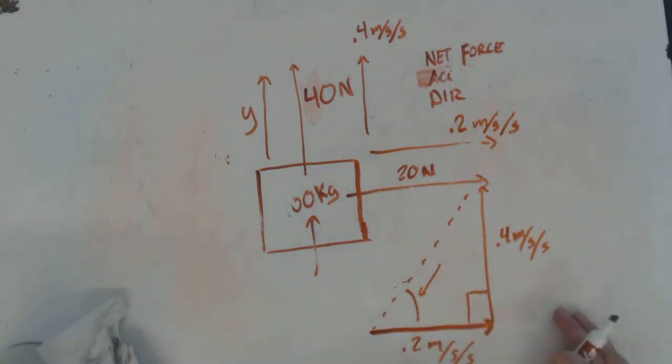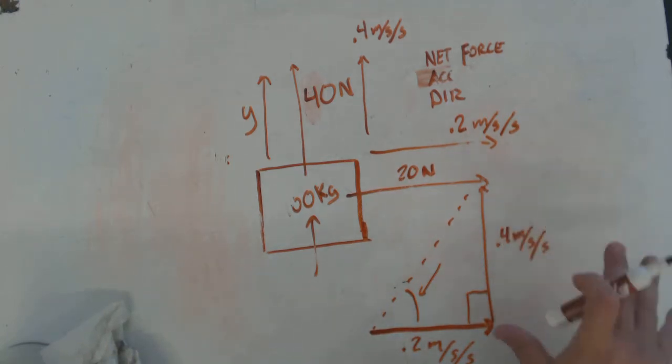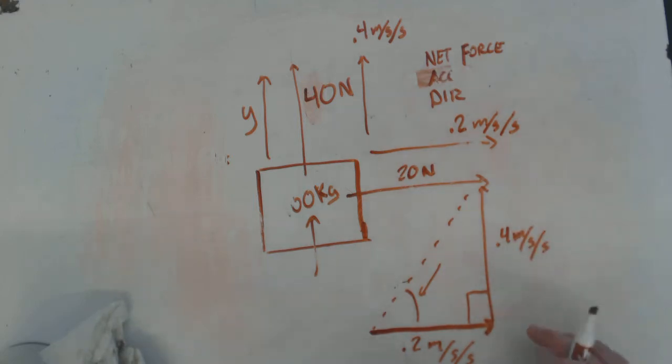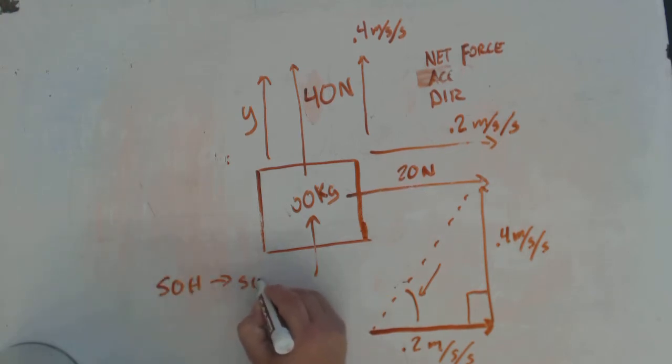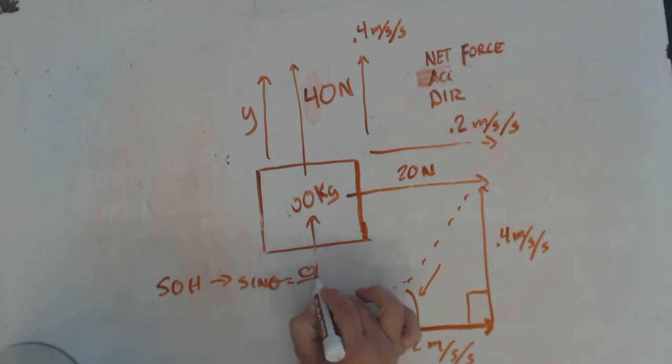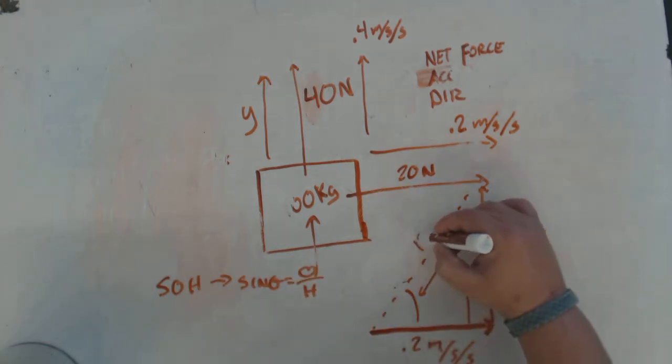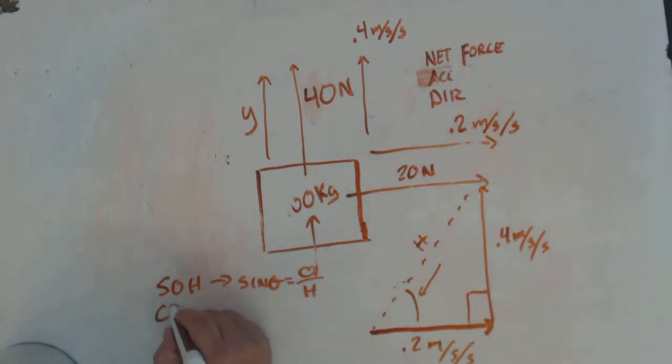Now, how I'm going to do that is I'm going to look at what I know. Well, I know this and I know this. I know in trigonometry, I know the opposite and I know the adjacent. Okay? So sine theta is equal to opposite over hypotenuse, this being my hypotenuse.